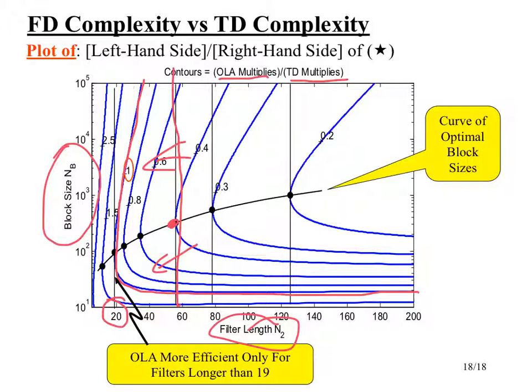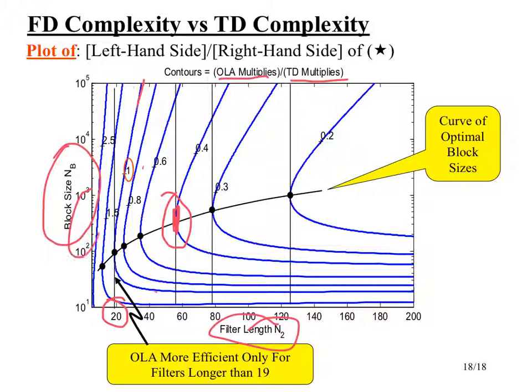So what we see here is that once we know what our filter length is, we can find the appropriate optimal block size. We also can see that that block size is not real critical. It's a flat curve, so I can go over a fairly broad range of NB.